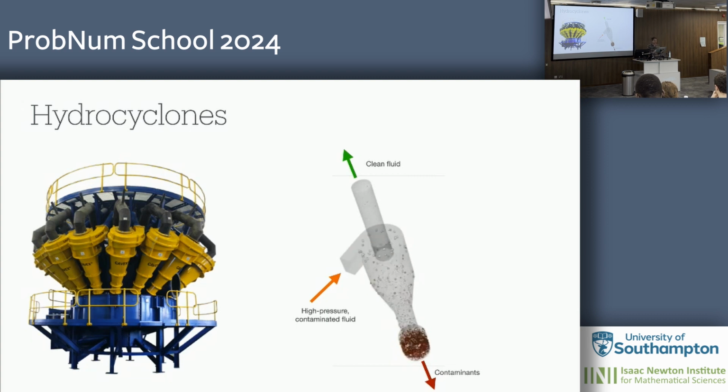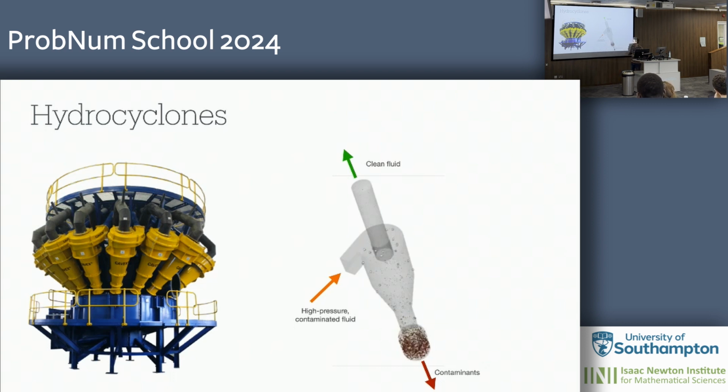So because of this high-pressure injection, we accelerate that process that basically gravity is doing for us in the bathtub example to allow us to do this on a much, much faster timescale. So the challenge that we are intending to address in this setting is that in order to control how fast we need to inject fluid through this part of the hydrocyclone just here, we need to monitor the contents.